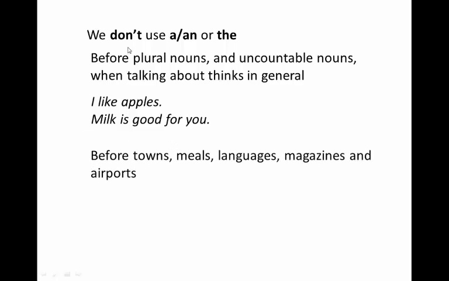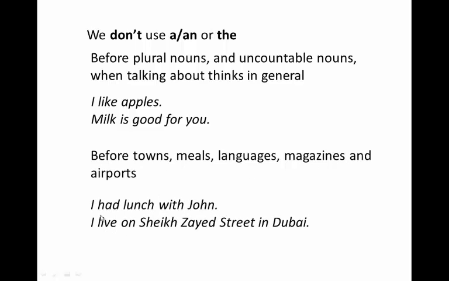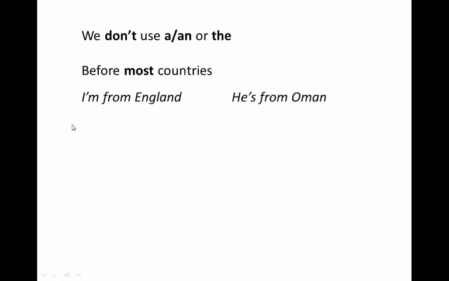We also don't use a, an, or the before towns, meals, languages, magazines and airports. So, I had lunch with John, not I had a lunch with John, or I had the lunch with John. I live on Sheikh Zayed Street in Dubai, not on the Sheikh Zayed Street in the Dubai. We don't use a, an or the before most countries. So usually, I'm from England, he's from Oman.